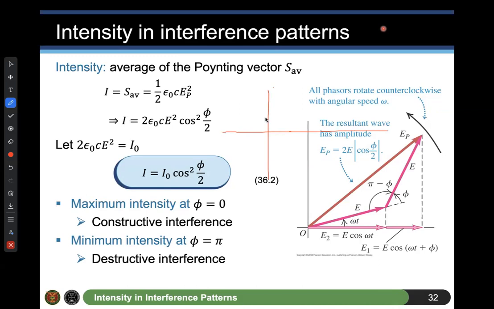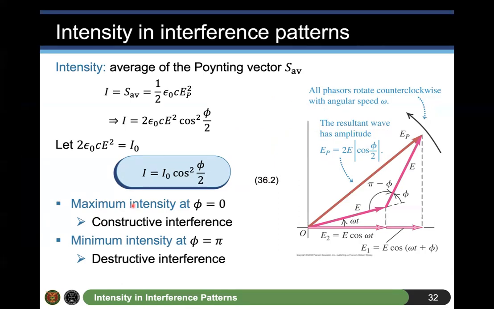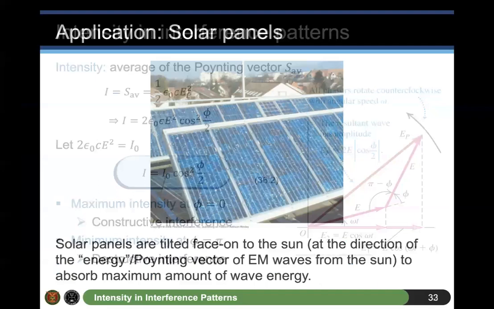Kasi yung difference between them is 90 degrees, which is 180 over 2 or pi over 2. Kaya ganon, meron tayong destructive interference because of that. Okay? So actually, similar lang talaga to sa Malus law. So nakita na natin yan before.